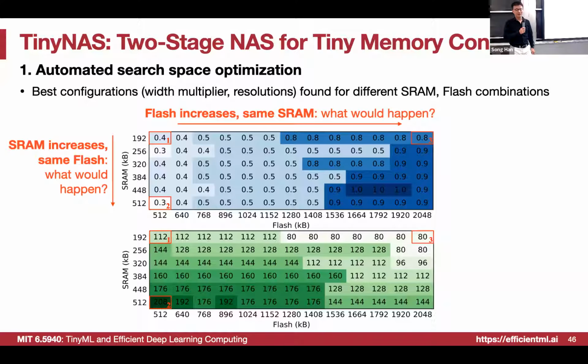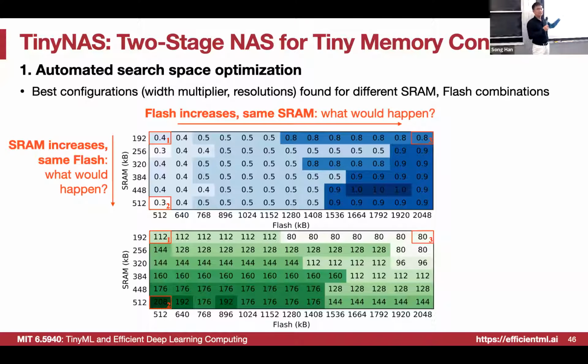So when we are increasing the SRAM, the number of channels is actually staying roughly the same, because by increasing the SRAM size, we can enlarge the resolution, since resolution determines the activation size, which is resolution times resolution times the number of channels. Right? But here the weight is like 3 by 3 times input channel times output channel.